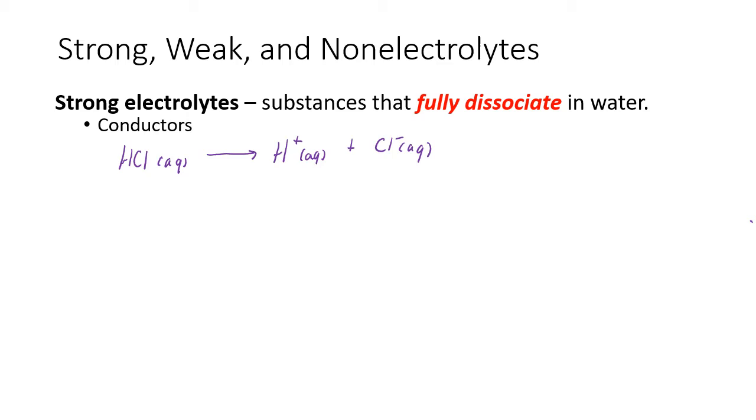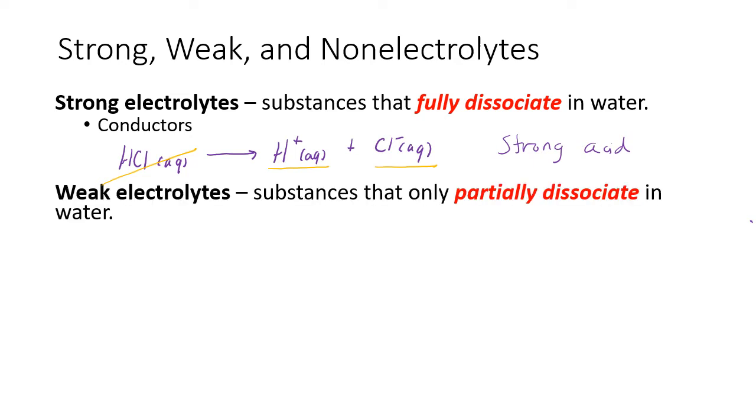It's going to ionize 100% so that in the solution, all that's present is H+ and Cl-. There will not be any combined molecular HCl in the solution anymore. This is due to it being a strong acid. The definition of a strong acid was an acid that ionized 100%. So if you put a conductivity meter in a solution of HCl, the bulb is going to shine very brightly.